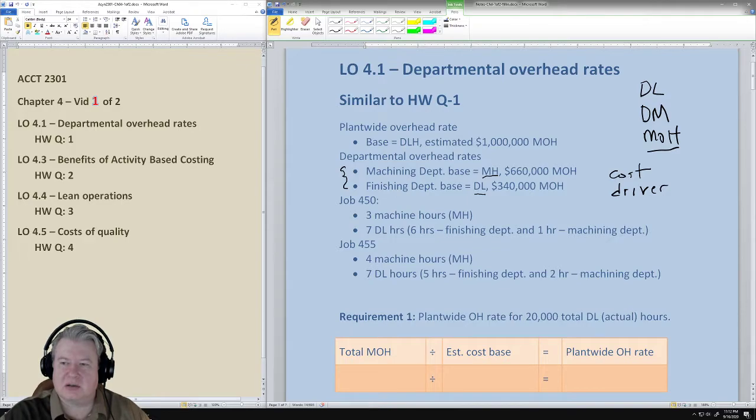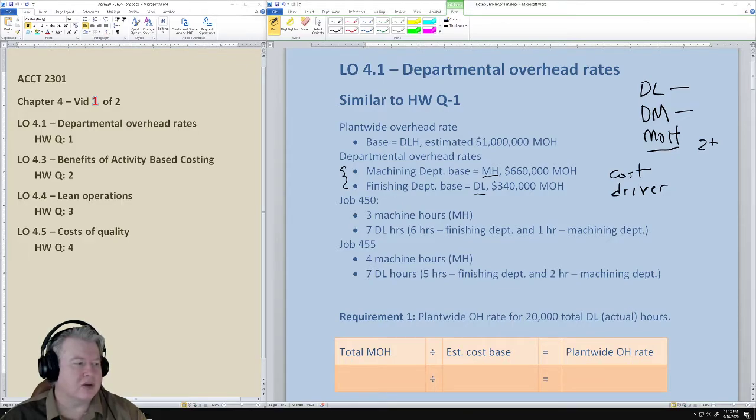We'll still track direct labor and we'll still track direct materials. Now manufacturing overhead just comes in 2 or more smaller groups rather than one group, which is what chapter 3 was about. So just keep that in mind as we go through, that we're going to be doing all the same things. In fact, almost all the questions in this group look at it in this way.